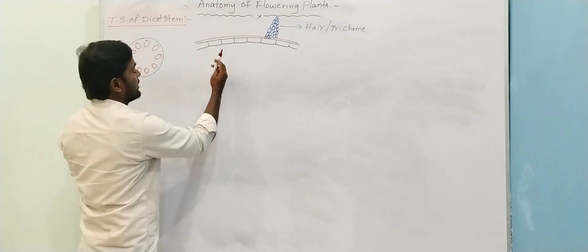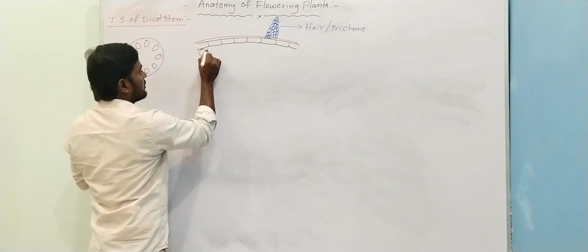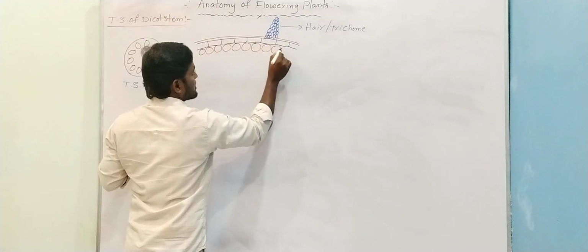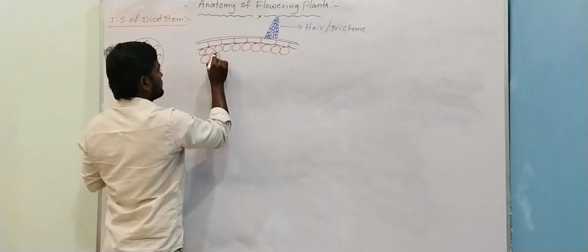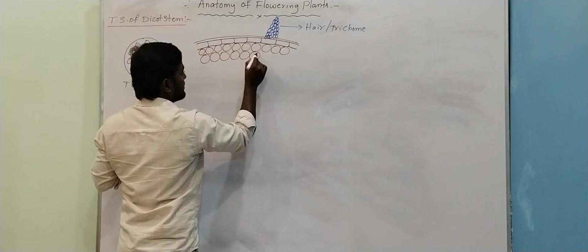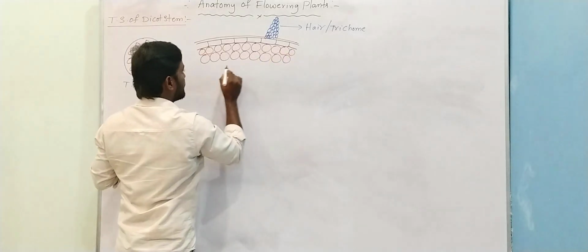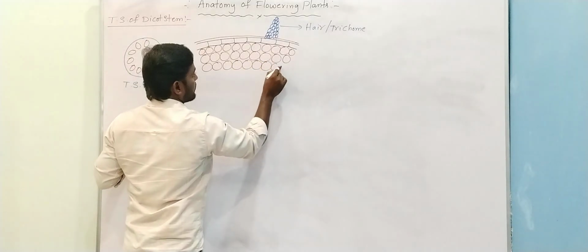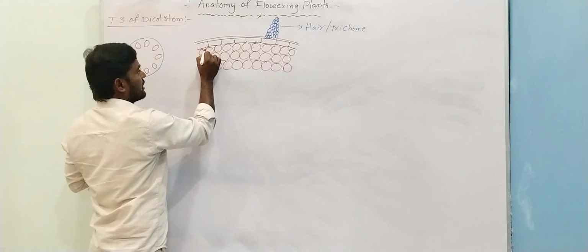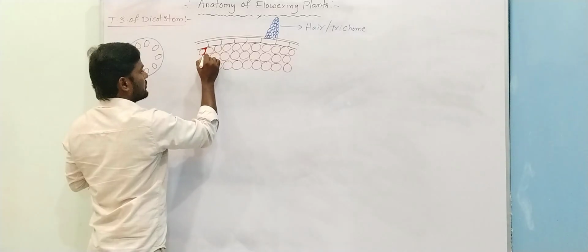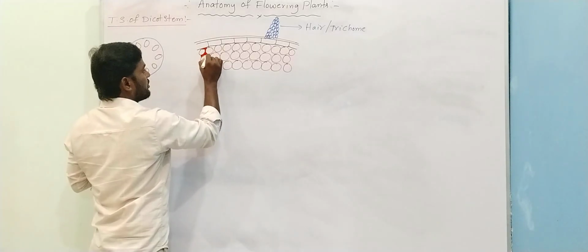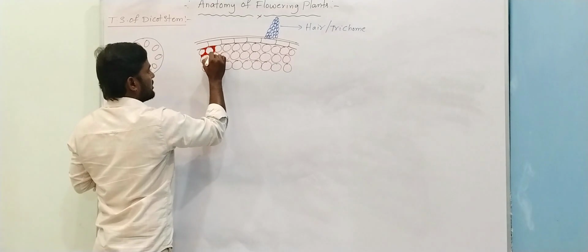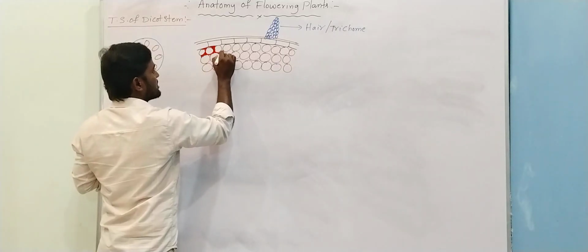Just beneath the epidermis, there are a few layers of collenchymatous cells arranged, the collenchymatous hypodermis. In this collenchymatous hypodermis, pectin material is deposited between the collenchymatous cells.